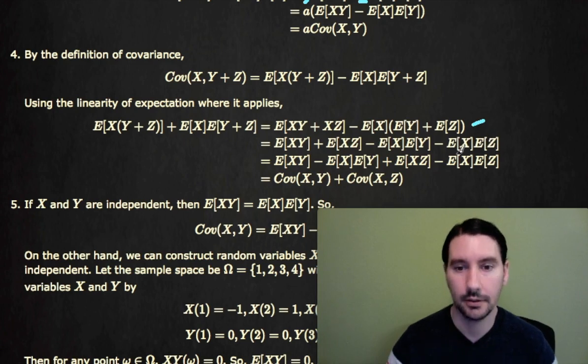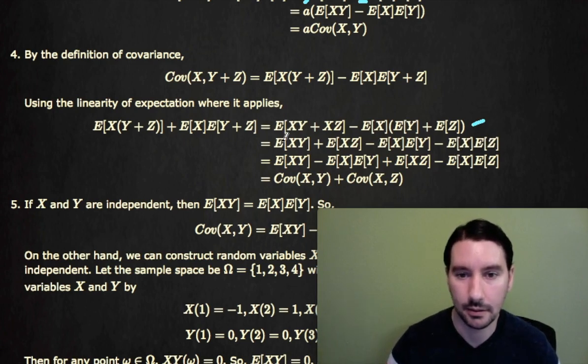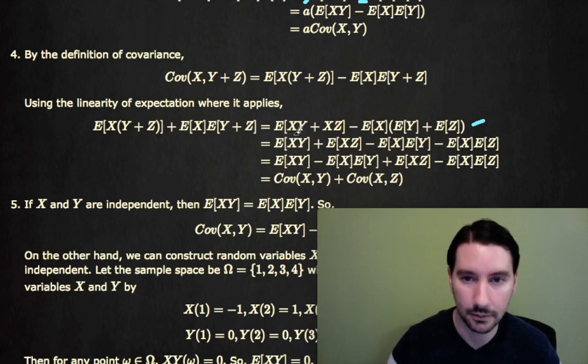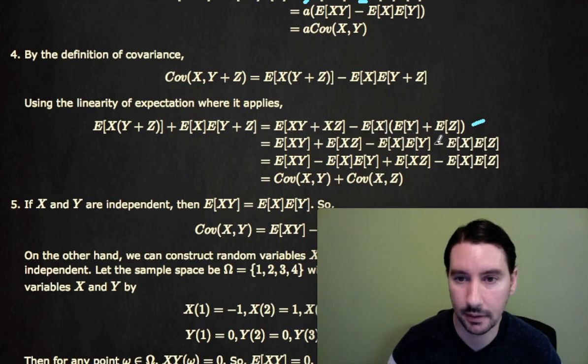So that's this line. And then here, we're just distributing negative e of x. So we get negative e of x, e of y, minus e of x, e of z here.